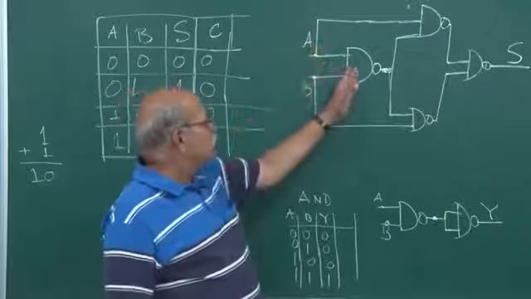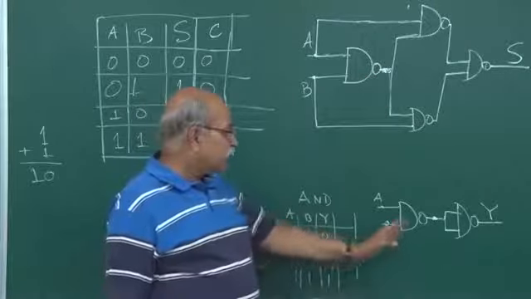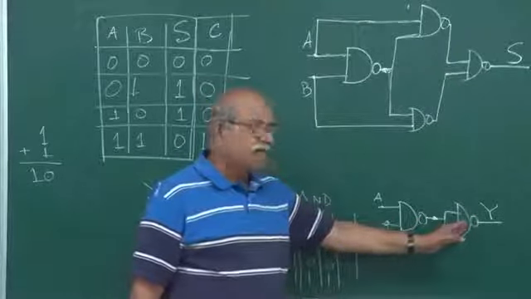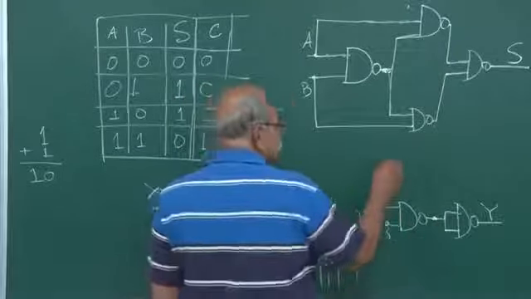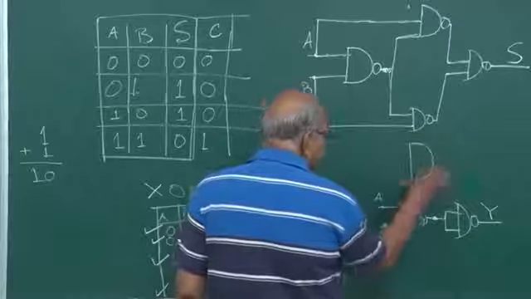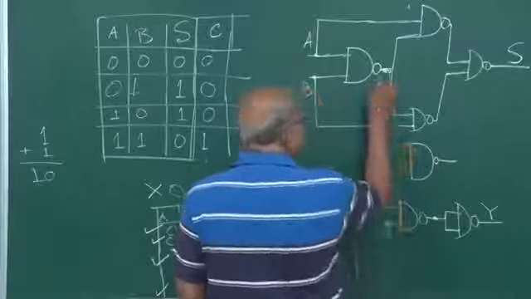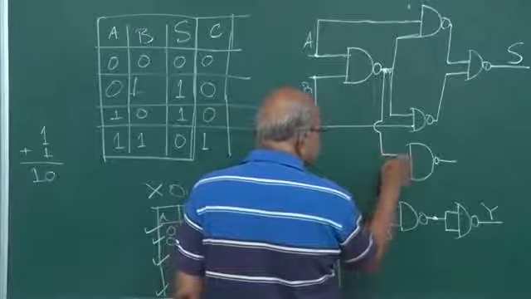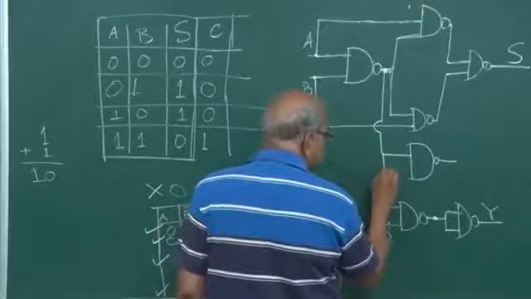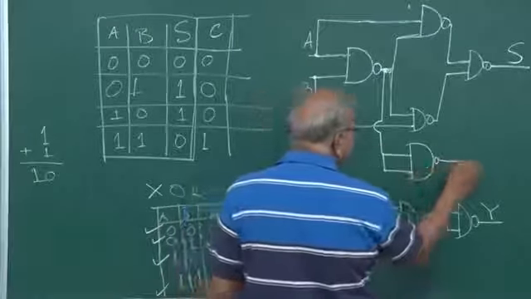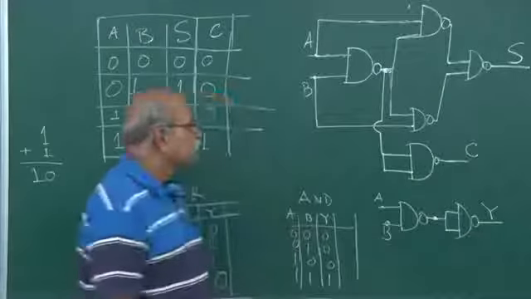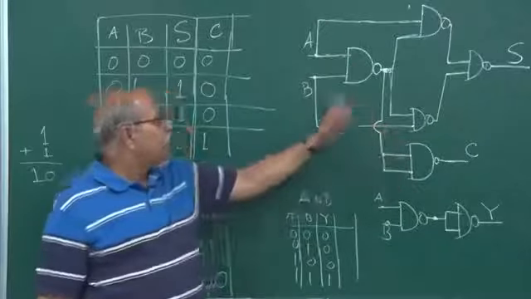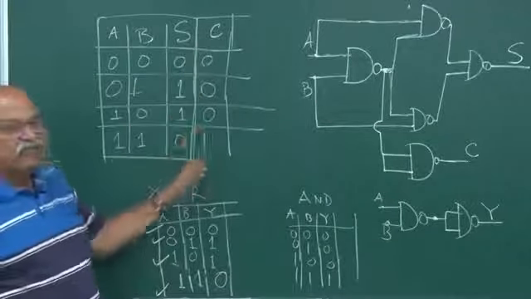That I have to feed in another NAND gate at the two input points. So, I take another NAND here, and then from this point I give both the inputs, and this will be our carry, right. This NAND and this NAND will make AND, and A and B is nothing but the carry.